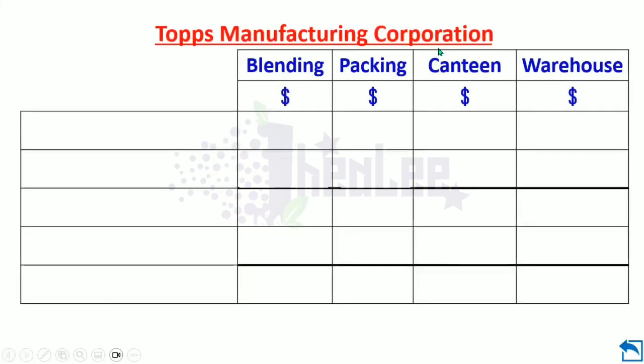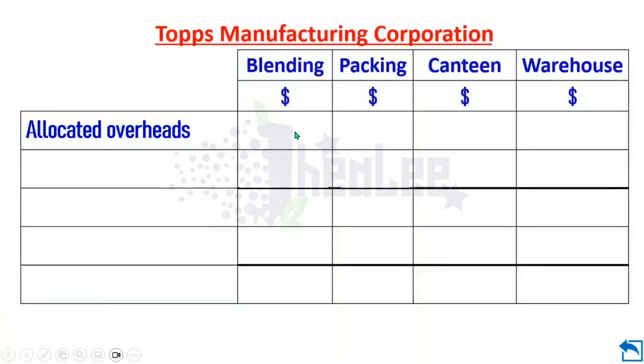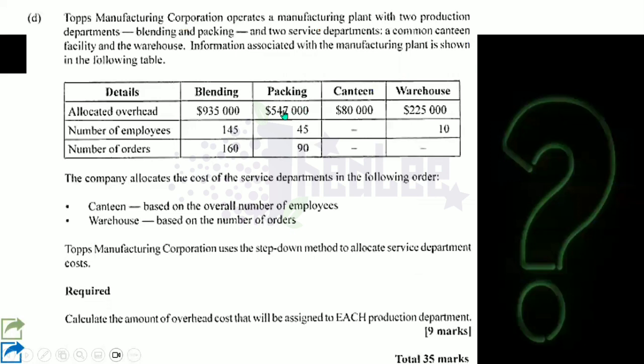We're going to pick up that information and enter it in our workings first. So it is Tops Manufacturing Corporation. Remember, the centers are blending, packing, canteen, and warehouse. And we're going to begin, as I indicated earlier, with the allocated overheads, which came from the question. So in the question, blending is $935,000, so that figure must be entered. For packing, going back to the question, packing is $547,000.